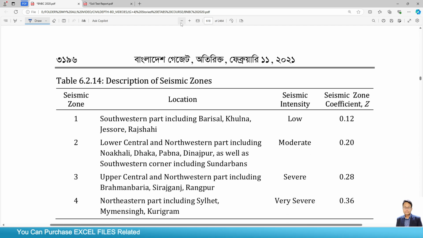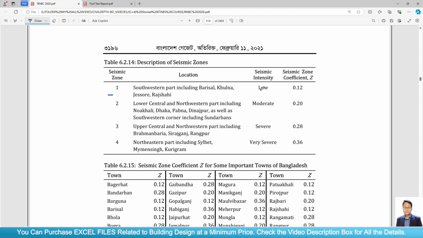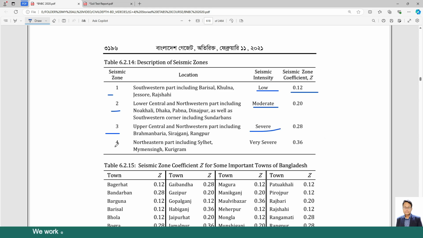Here we also have a description of seismic zones. It tells us that seismic zone 1 means seismic intensity will be low and the seismic zone coefficient will be 0.2. For zone 2, seismic intensity will be moderate. For seismic zone 3, seismic intensity will be severe. For zone 4, seismic intensity will be very severe.